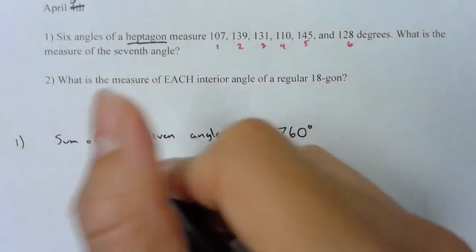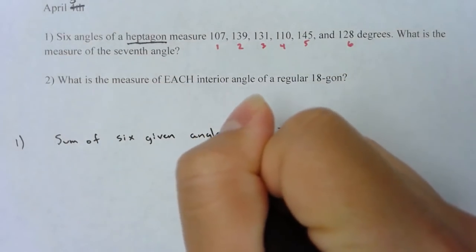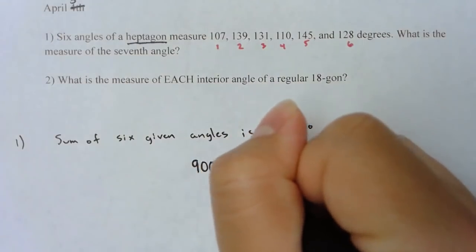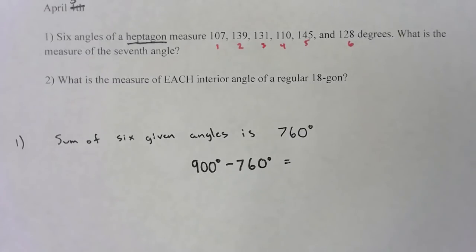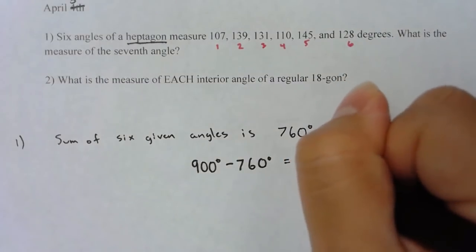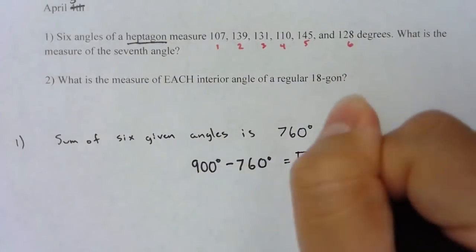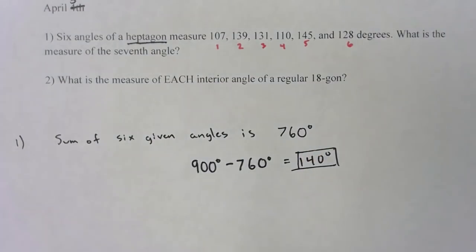So we can do 900 degrees, the sum of all of them, minus 760 degrees, the sum of 6 of them, and that gives me the measure of the last angle, which is 140 degrees. And that's my answer.